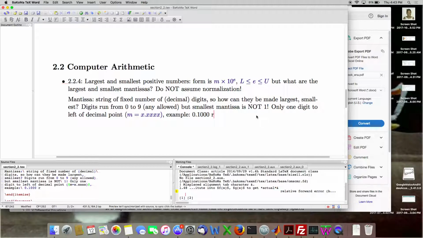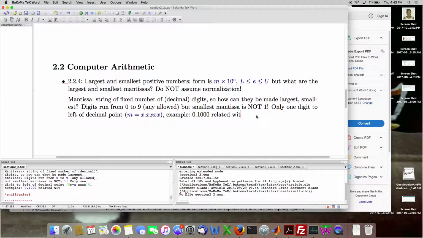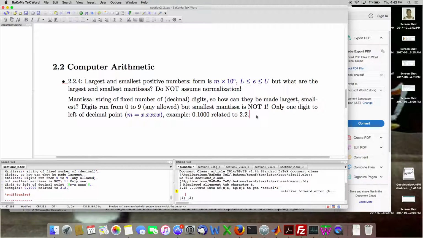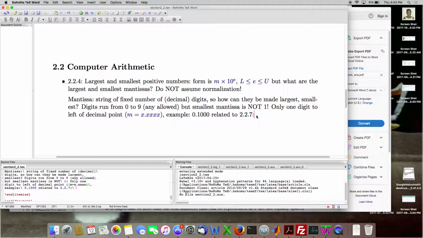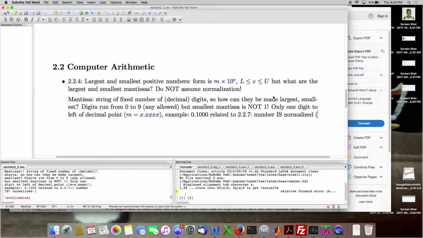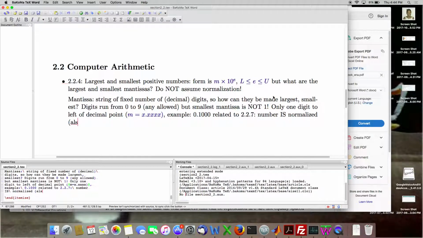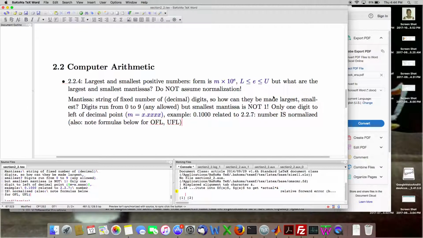And this goes hand in hand with 2.2.7. The number is normalized in that case, and what that means for the mantissa. Also, there are formulas below for underflow and overflow.